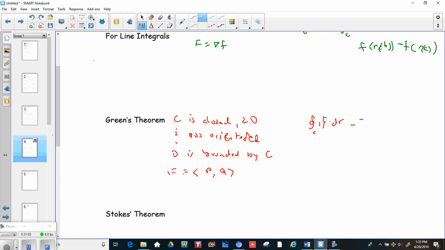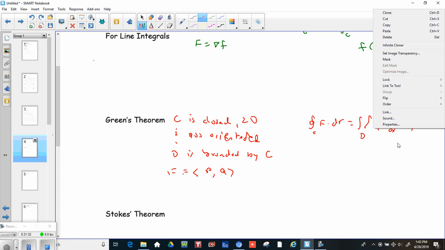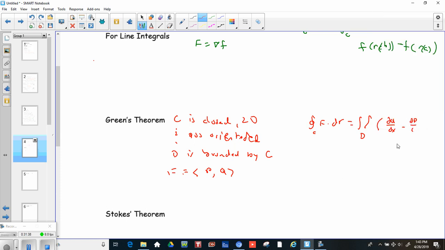Equals the double integral over D of dQ/dx minus dP/dy dA.